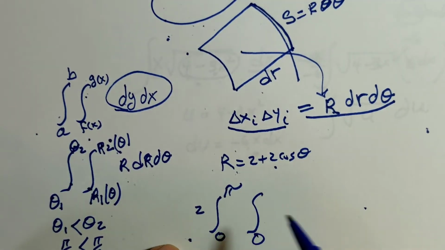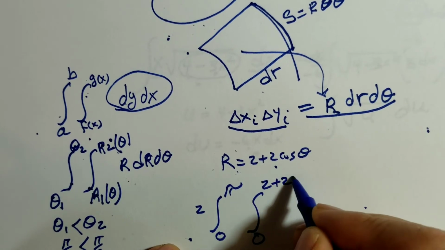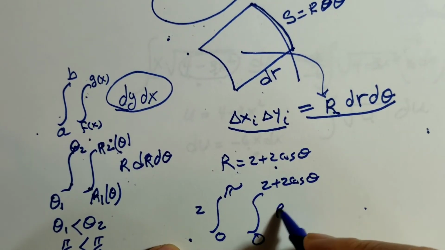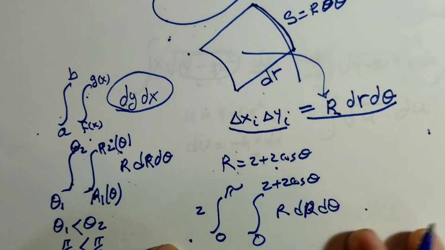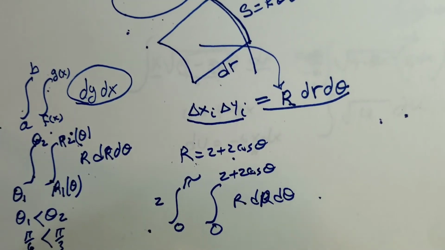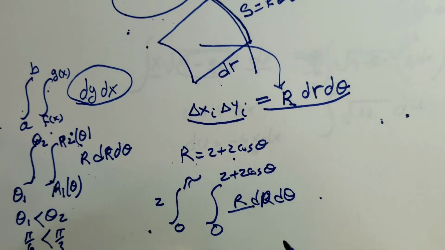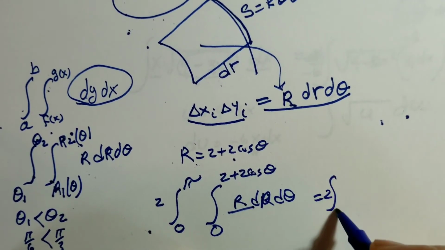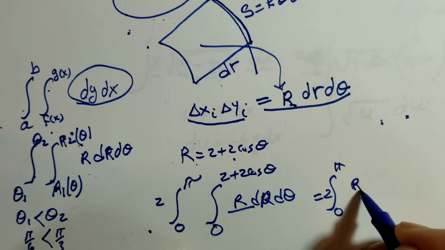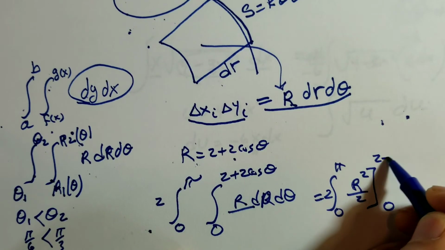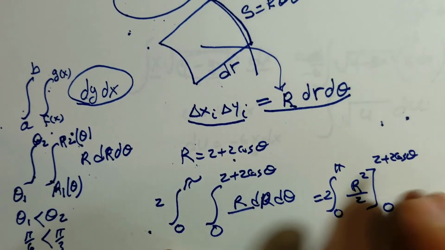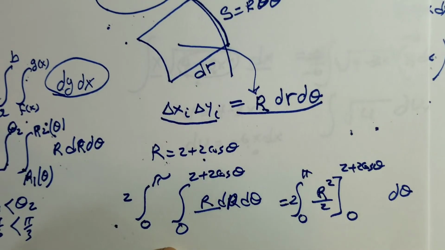Therefore, your r goes from 0 to 2 plus 2 cosine theta, r dr d theta. Let's do that problem. What is the integral of r dr? It is the integral from 0 to pi of r squared over 2, from 0 to 2 plus 2 cosine theta, d theta.